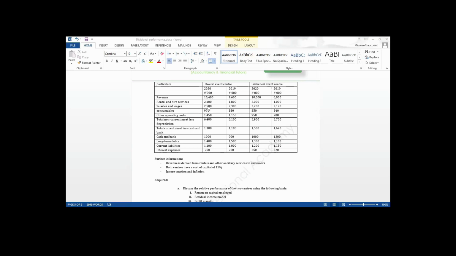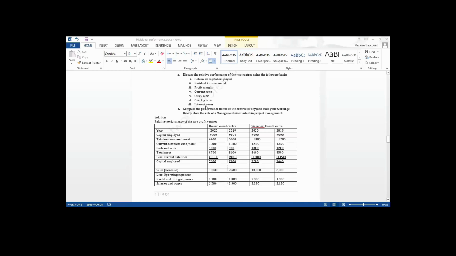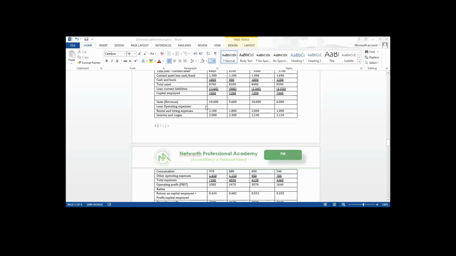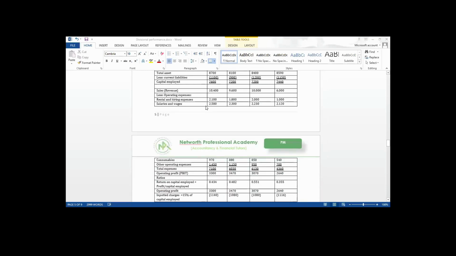Revenue less the four operating costs. What is our profit before interest and tax for each center and for the years under consideration? 3,300. Okay, for the first one, you have 3,300. Good.